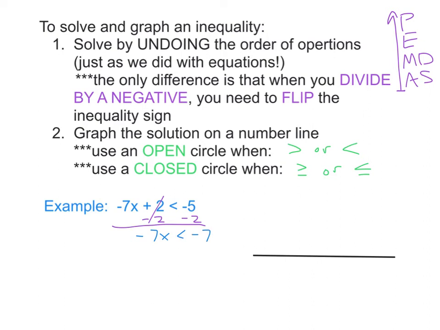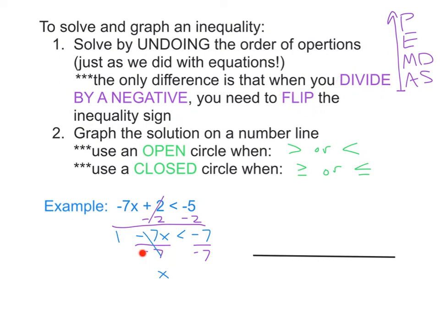And now we are going to multiply or divide from left to right. So we're going to divide both sides by negative 7. Since negative 7 divided by negative 7 right here cancels out because it becomes 1, we're left with x. And here is where we have to be careful, right? What I said is that if we divide by a negative, we need to flip the sign.